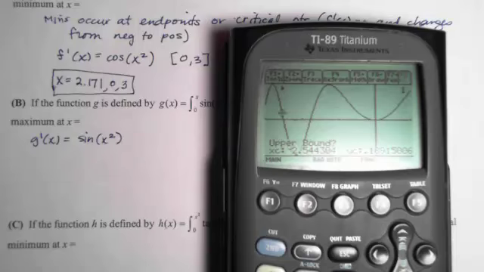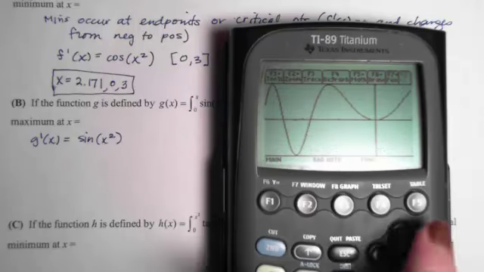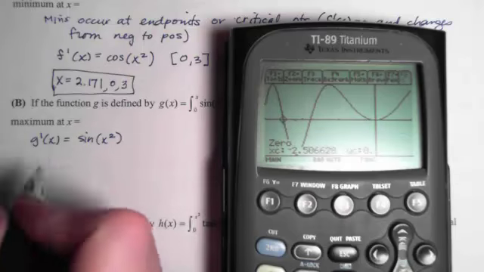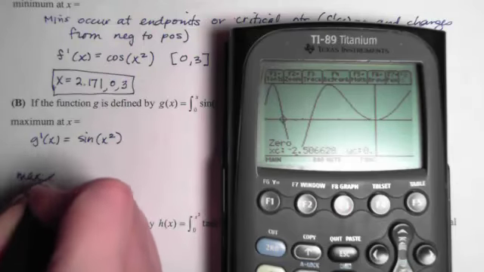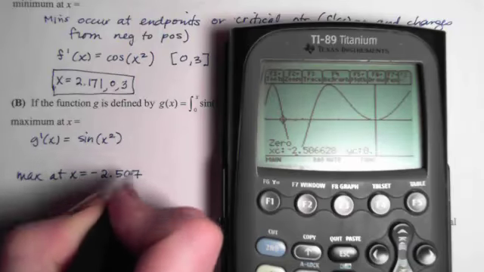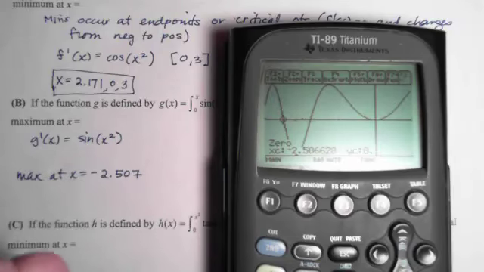Not quite. There's a lower bound, then we've got to move to the right. So there's an upper. We end up with a max at x equals -2.507, and now we've got to check the endpoints.